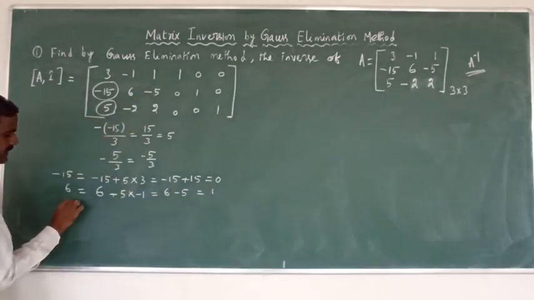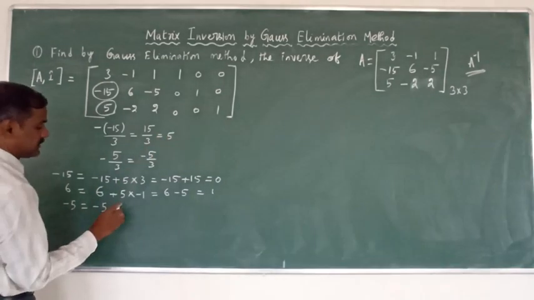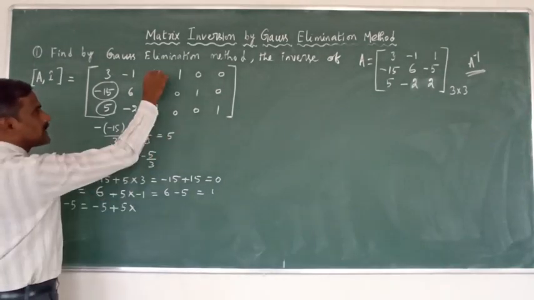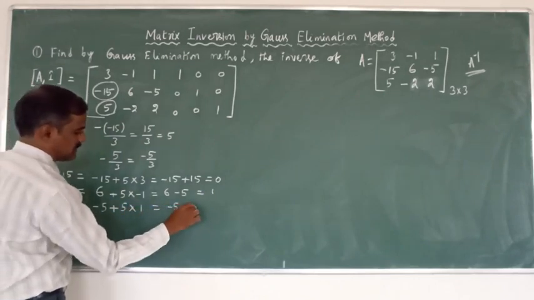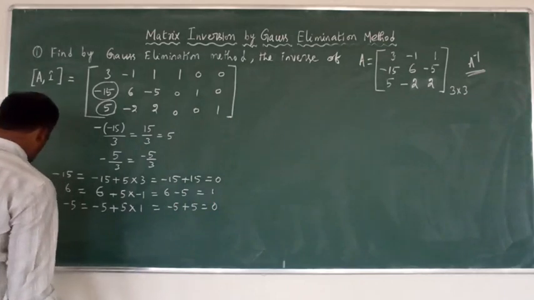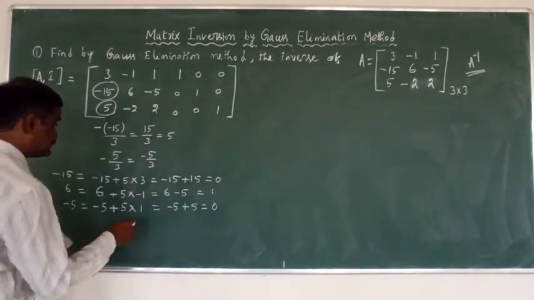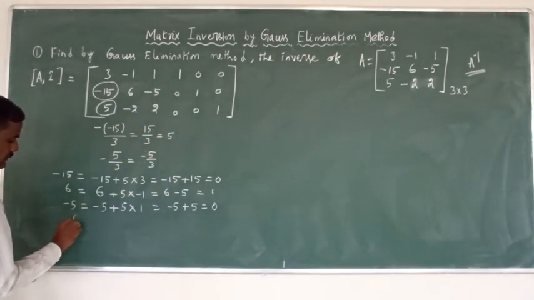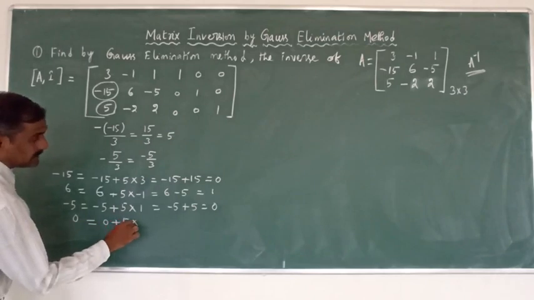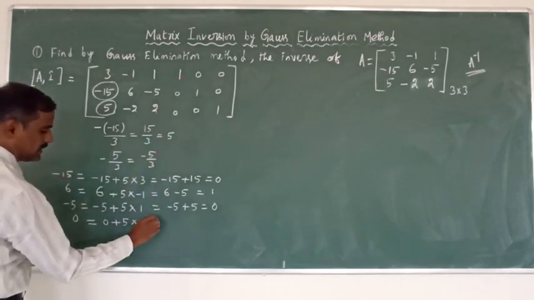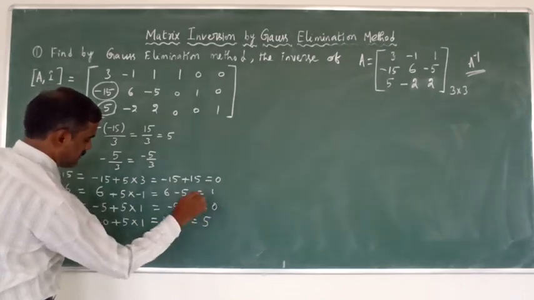Next, minus 5 plus 5 into corresponding R1 value 1 equals minus 5 plus 5 equals 0. Next, 0 equals 0 plus 5 into corresponding 1 equals 0 plus 5 equals 5.